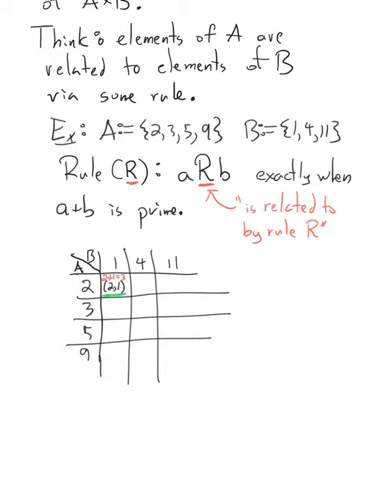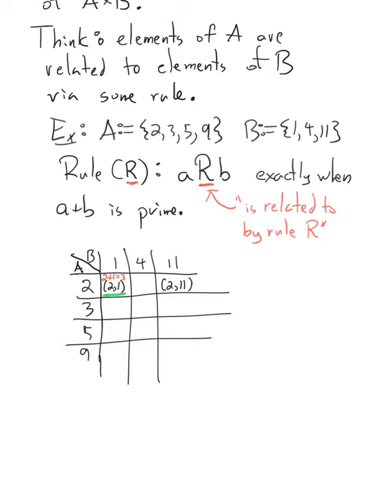And we can do that with every pair. I'm just going to write down the pairs that are indeed in our relation. The other ones I'm not going to write down. Just as a reminder, every possible combination is A cross B; we're just looking for the ones that satisfy our rule. 2 plus 4 is 6, so 2, 4 is not in our relation. 2 plus 11 is 13, so 2 and 11 is in our relation.